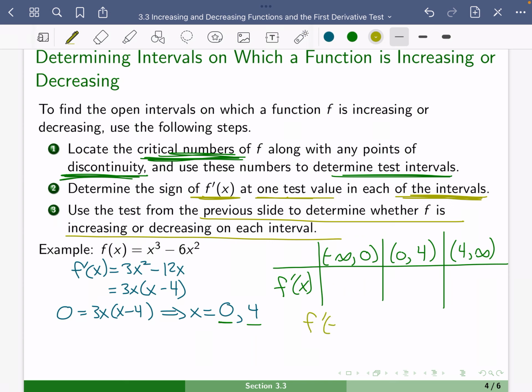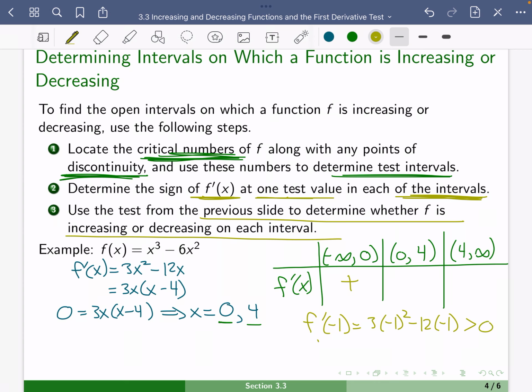The derivative at negative 1 is 3 times negative 1 squared minus 12 times negative 1. And we can observe that when you plug something in like that, you will get a positive value. That derivative is larger than 0.